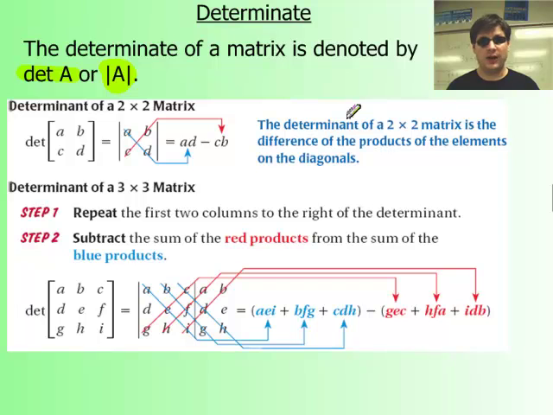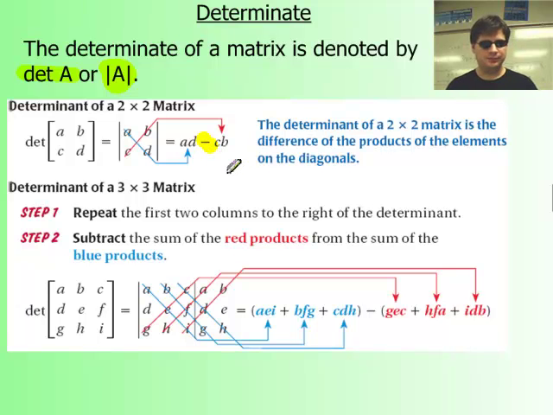And the determinant of a 2 by 2 matrix, so if I was saying determinant of A, B, C, D, is found by this process, where we will multiply on the diagonal A times D, which will give us AD, and then we can multiply on the other diagonal, starting with C to B, which gives us this. And then we are going to subtract the two products, which will give us our determinant.